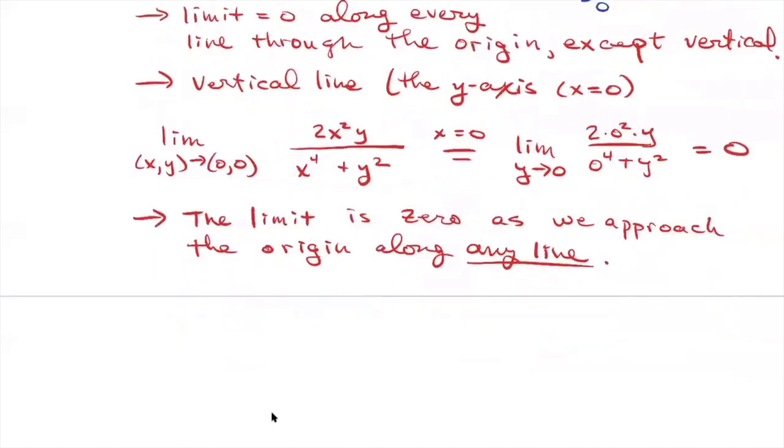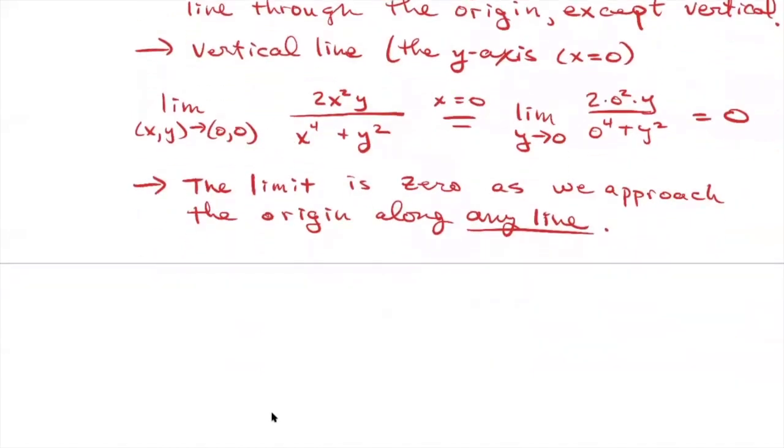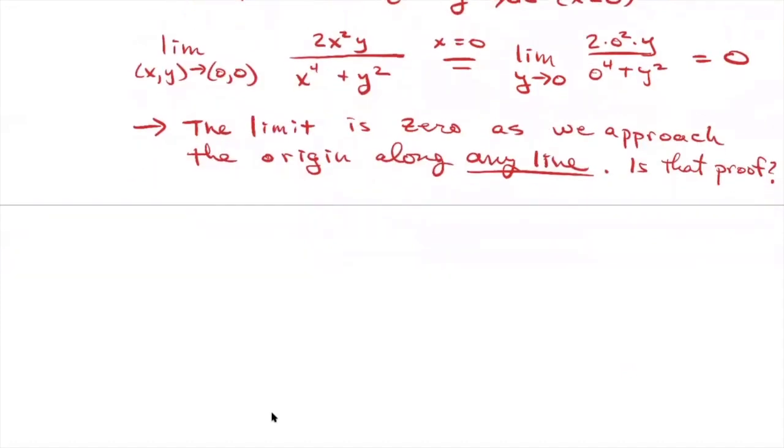Okay. So the question is, is that proof? Now you just have to be careful, because when we said that the limit exists, you have to approach the origin, or whatever your point is, and get the same limit along any curve, not just along any line.